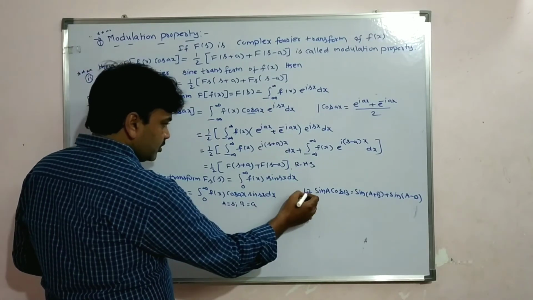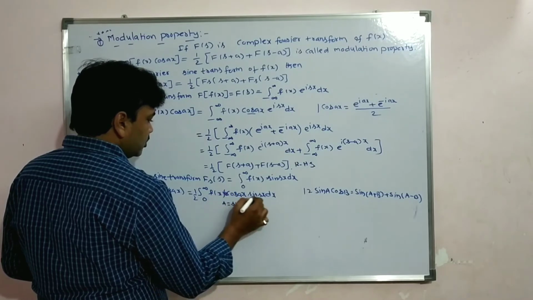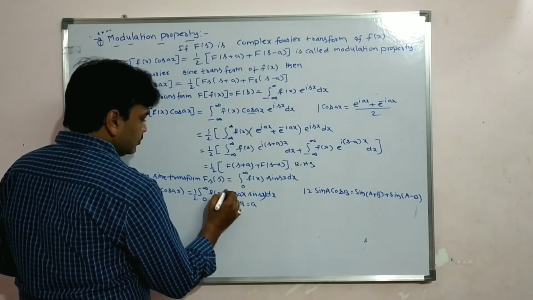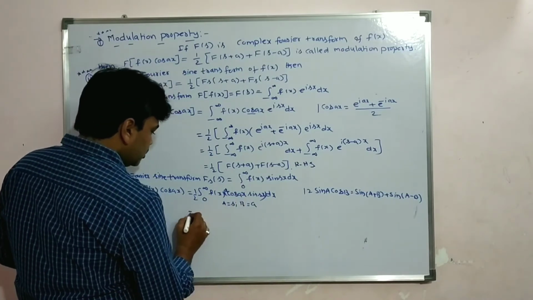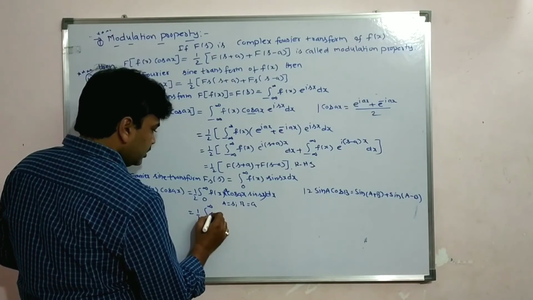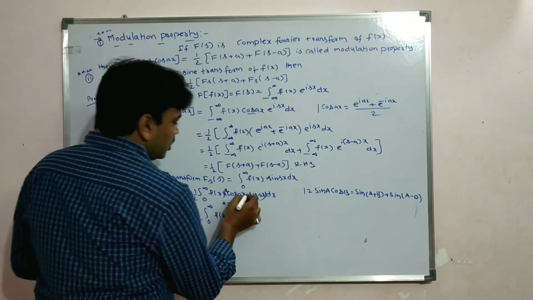So what is the missing term here? 2. So 1/2 into 2, students. That is equal to 1/2 integral from 0 to infinity of f(x) 2 cos ax sin sx.